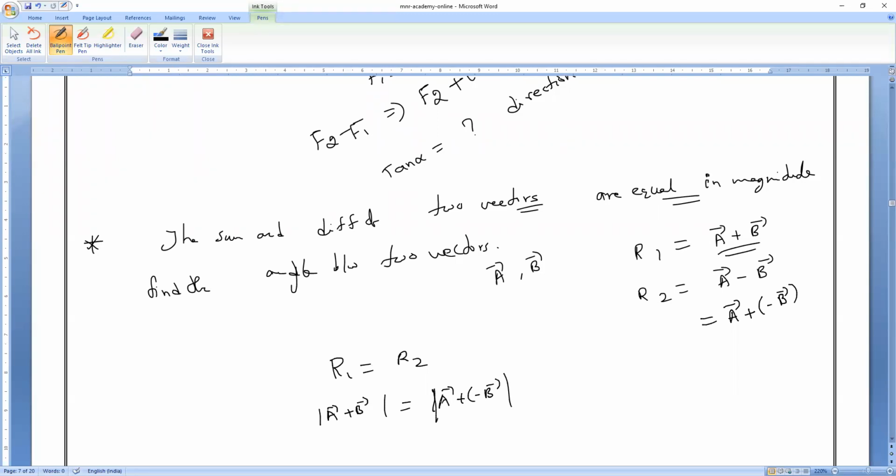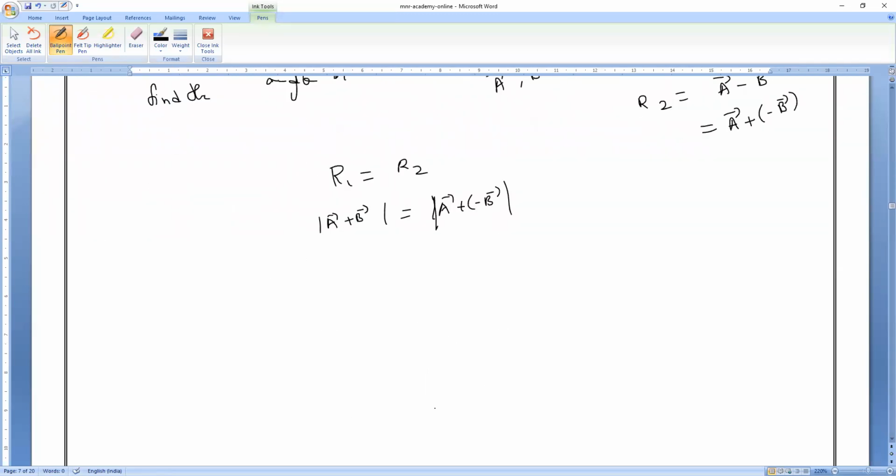I want theta. Substitute the formulas and find it.